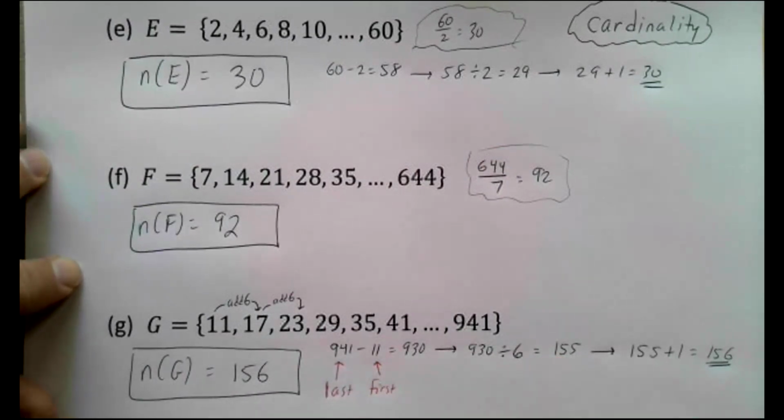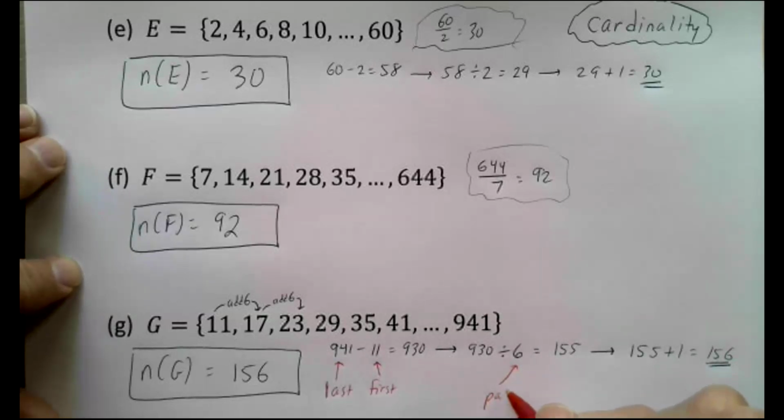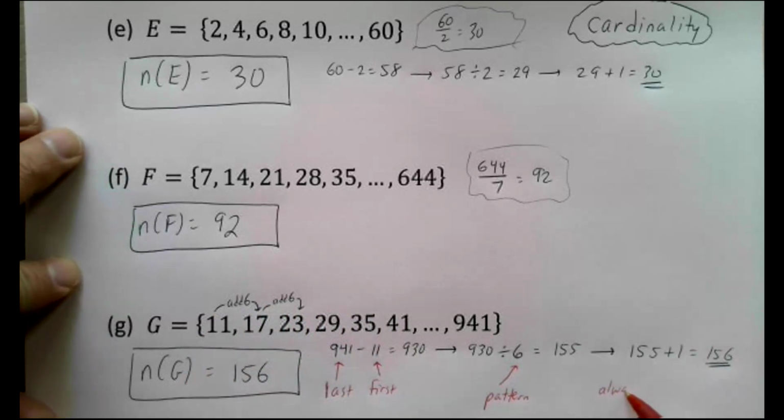I'm subtracting them, getting an answer, and then dividing by whatever the pattern is going up by. In this case, the pattern is going up by 6's. We're adding 6 every time. And then you just always have to add 1 at the end. That's really it.